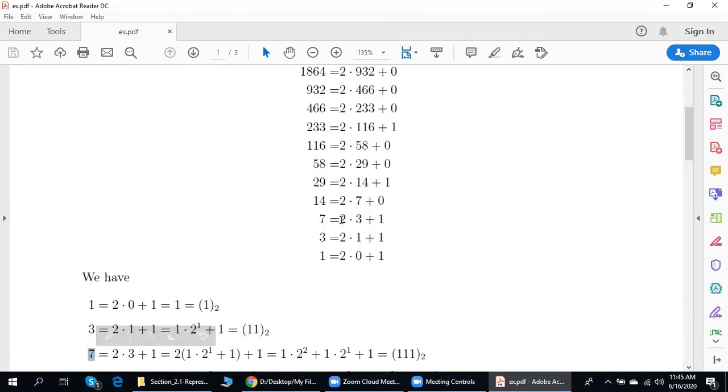Keep going. 7, according to what is written here, is 2 times 3 plus 1. Now, let us replace this 3 by this expression, because 3 is equal to this. Done. And now, let us expand parentheses, done.